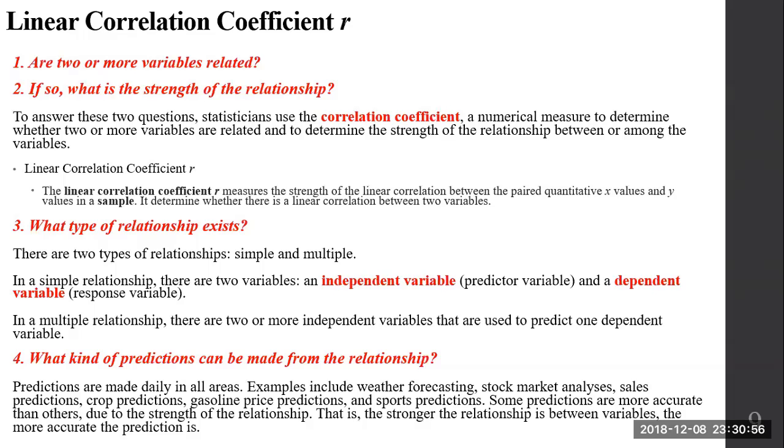What type of relationship exists? There are two types of relationships, simple and multiple. In a simple relationship, there are two variables, an independent variable and a dependent variable. In a multiple relationship, there are two or more independent variables that are used to predict one dependent variable.